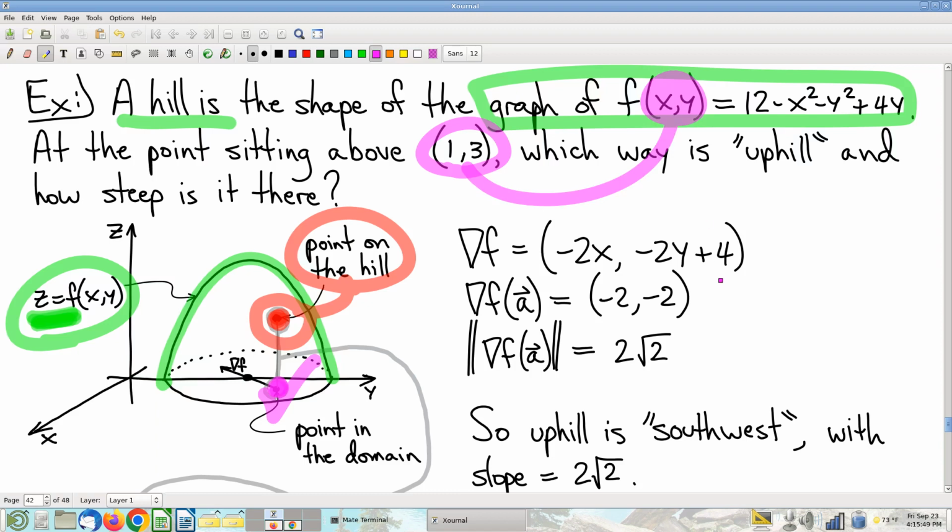So it's easier to talk about location by describing the x and y coordinates and saying, yeah, I'm on the hill at (1, 3). 1 and 3 are my x and y coordinates, and I'm on the hill. So my z coordinate computes accordingly.